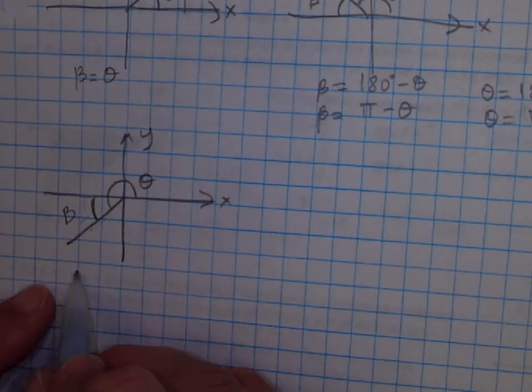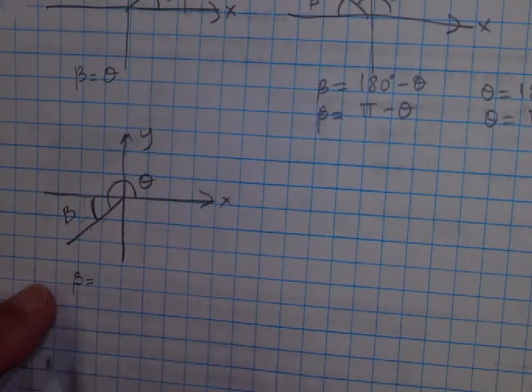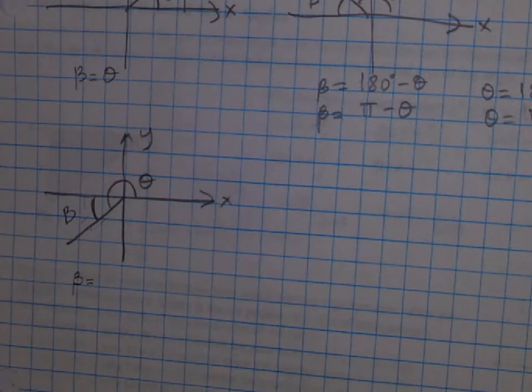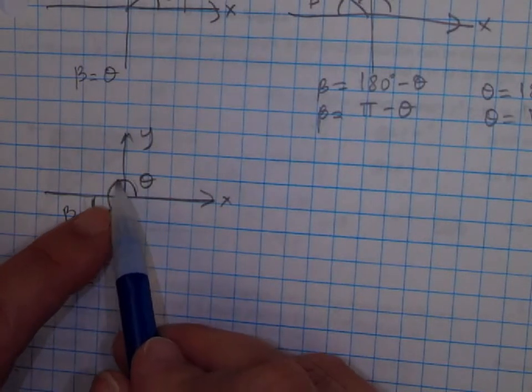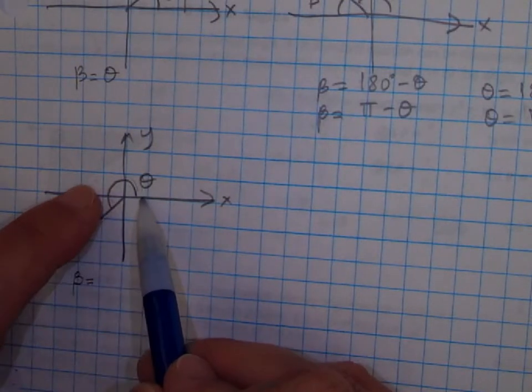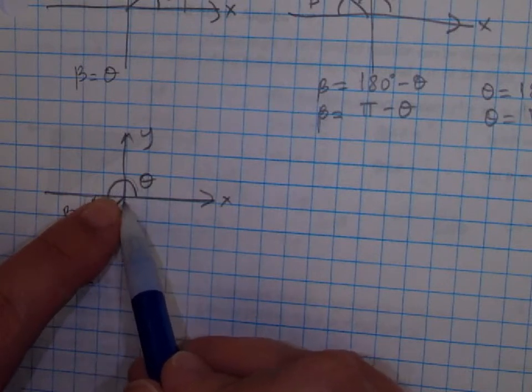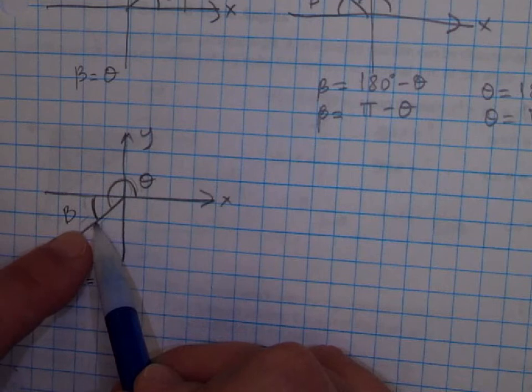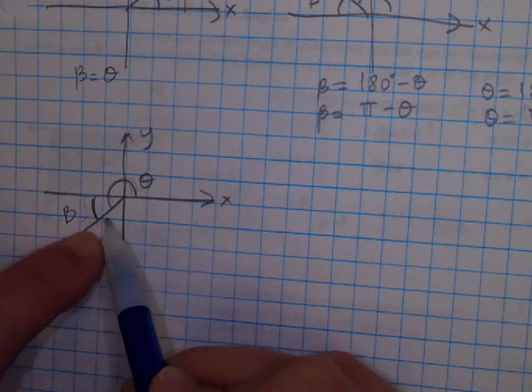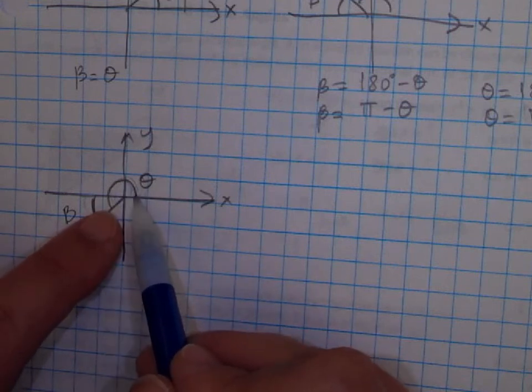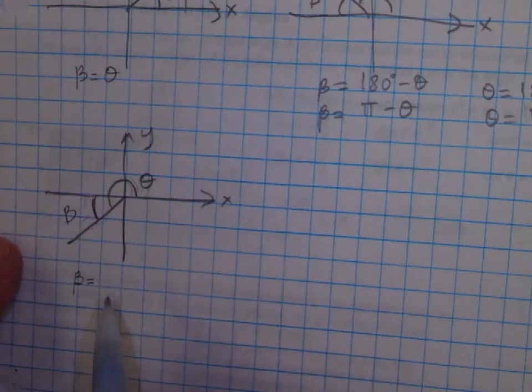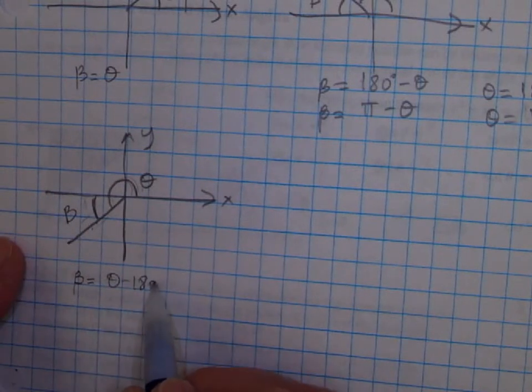What would you say about beta? If I subtract half a turn from theta, I get beta, so beta is theta minus 180.